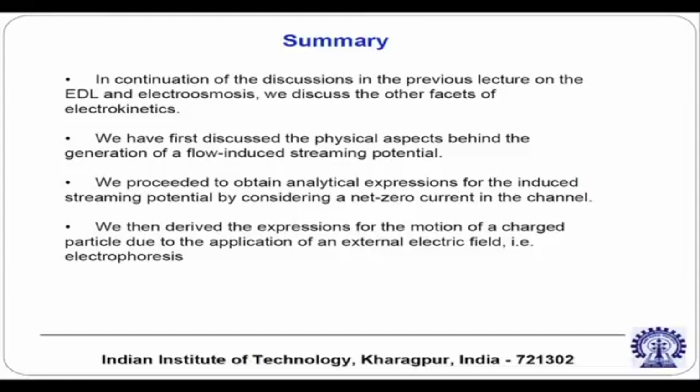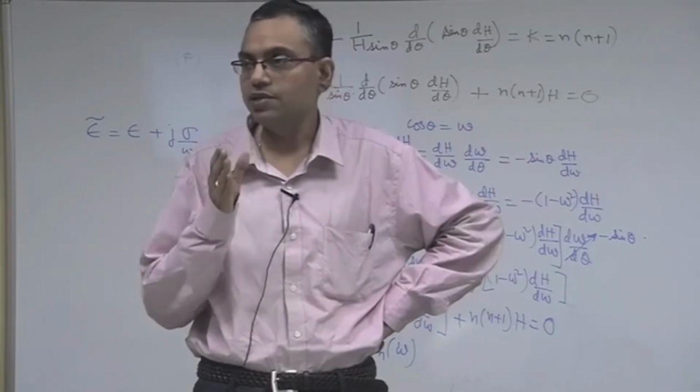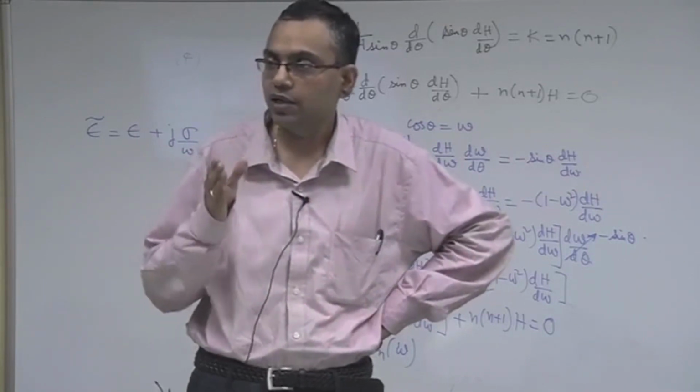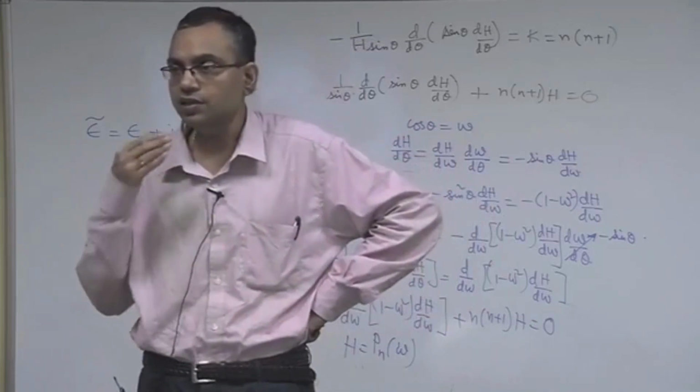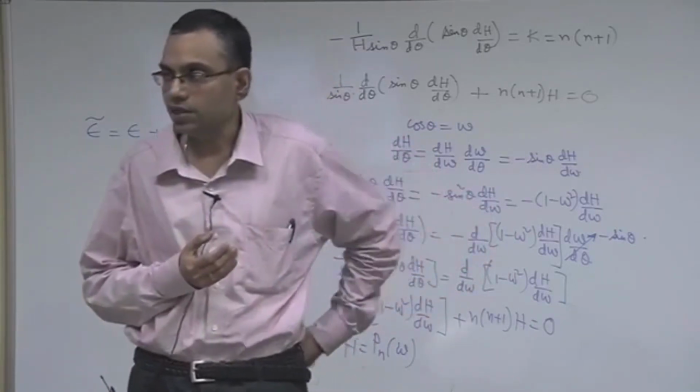Finally, in the previous lecture and in today's lecture we have derived the expressions for the motion of a charged particle due to the application of an external electric field, that is electrophoresis, for two limiting cases. One is where the electrical double layer thickness is much smaller than the radius of the particle, and the other is where the electrical double layer thickness is much greater than the radius of the particle.